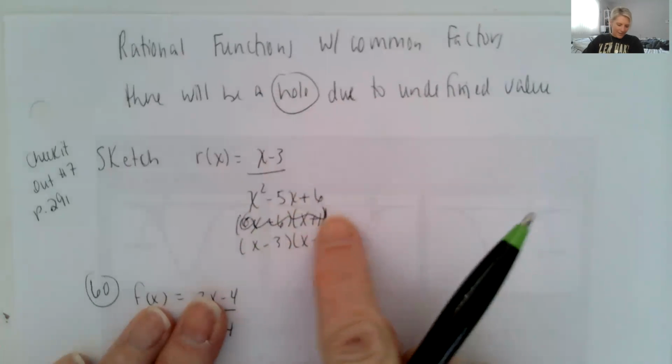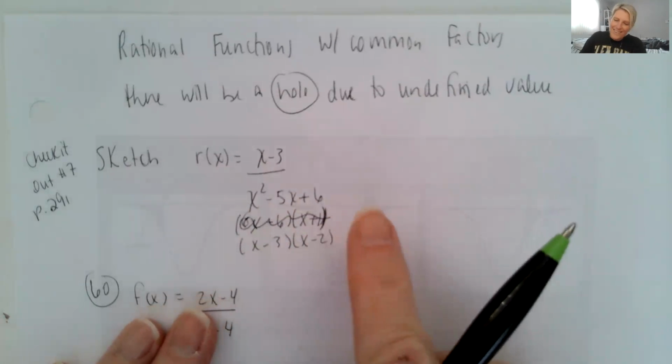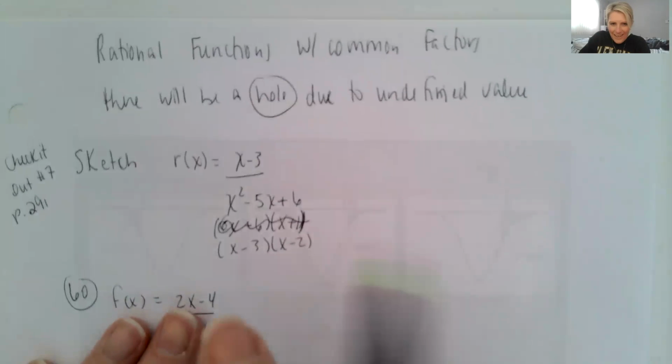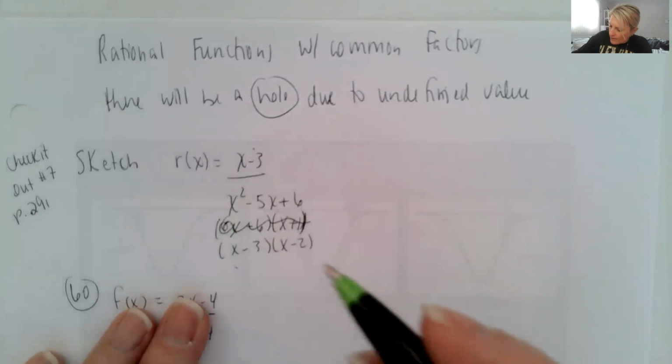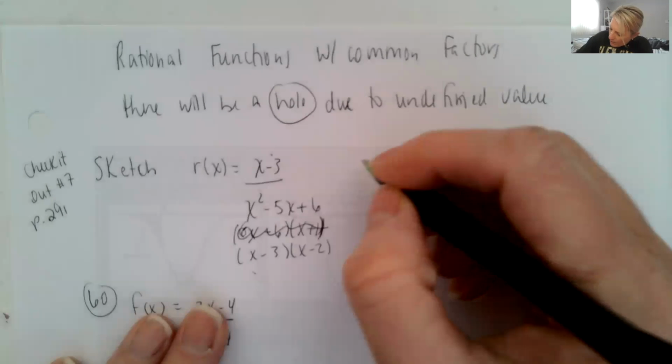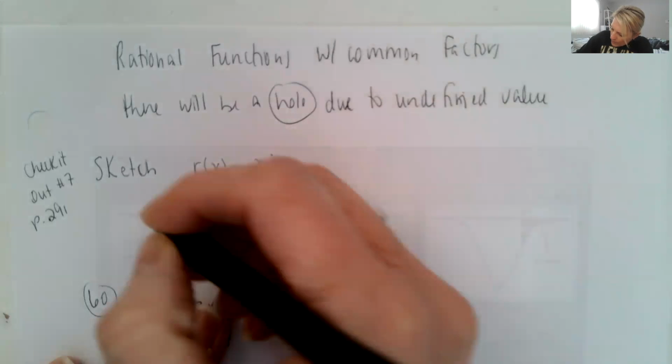This one, the 6's always screw you up, because the 6 and 1 and the 3 and 2 can make similar combinations. So our x minus 3's are going to cancel, and we're going to have an undefined value at x equal to 3.